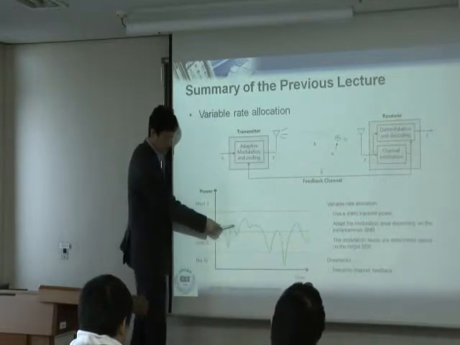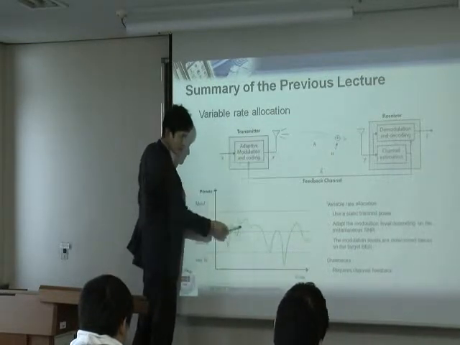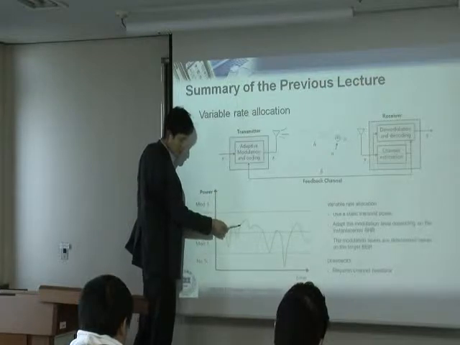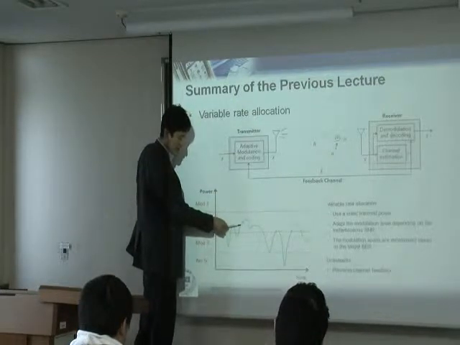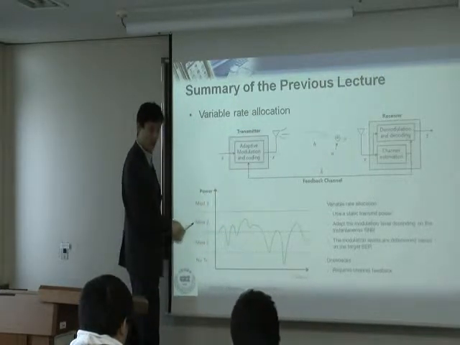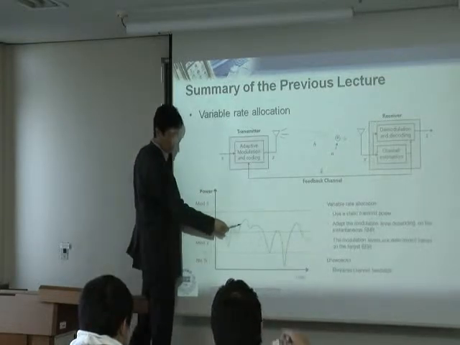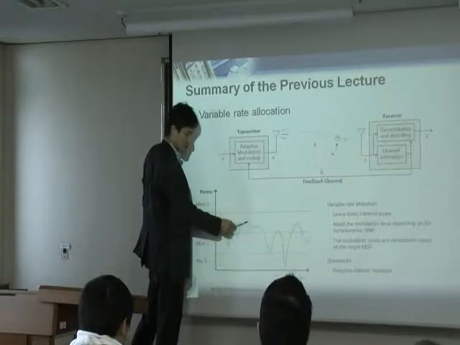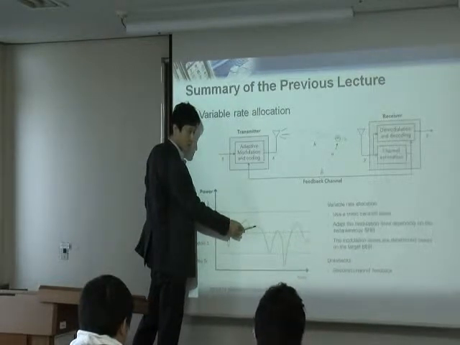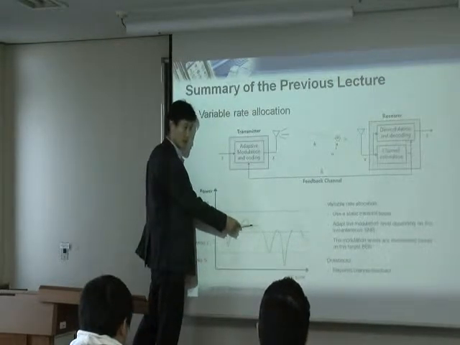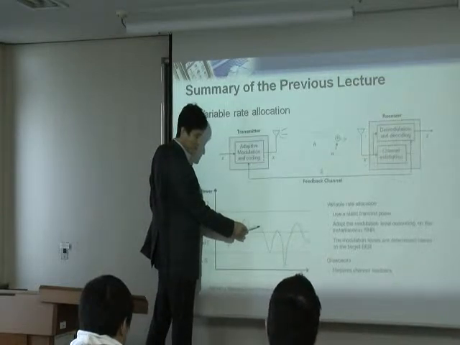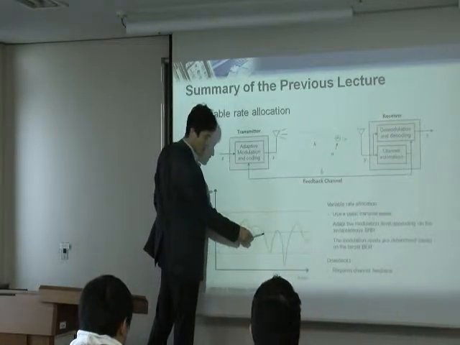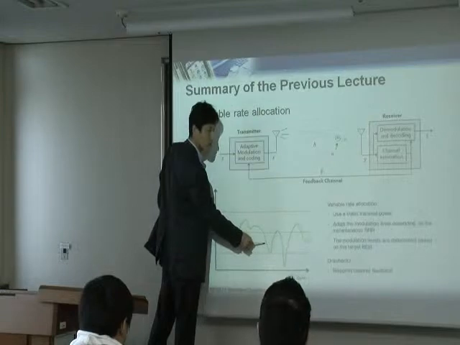Okay, let's say you measured H at this point. Based on the estimated H, you decide that, oh, I have to use this modulation. By the time you send the feedback, time has changed, so maybe you have gone here. Still okay. But now, let's say you estimate here, and by the time you send the feedback, the channel condition has gone to here.